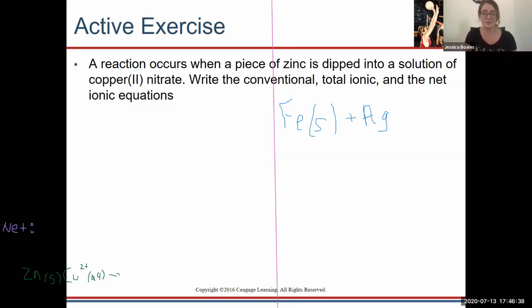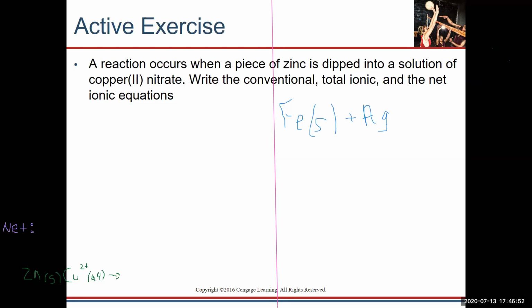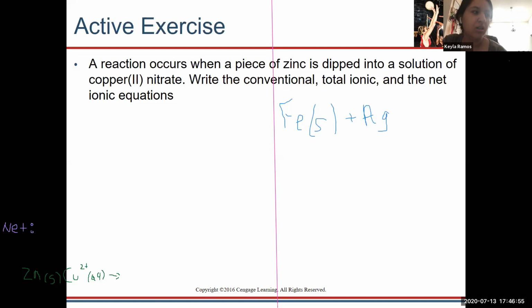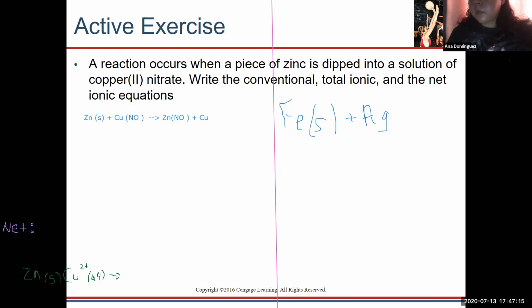Okay. I'm doing the same thing as somebody else, and I don't know who it is, so I think I might be confused. I'm doing the iron. Is that the one you're trying to do, Jessica? Yeah, but I don't know which part I need to be doing. Group three was supposed to write the conventional and the total ionic, and I think I was in group 3. Dr. Henry said group 3 was Deandra's group. Dr. Henry, can you tell me what group 4 is supposed to do again?